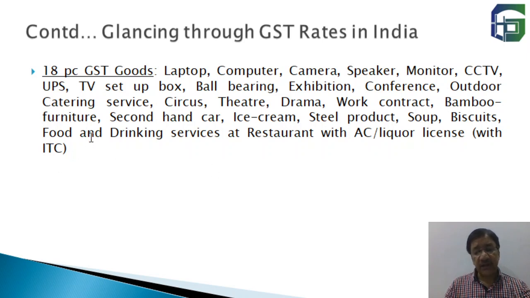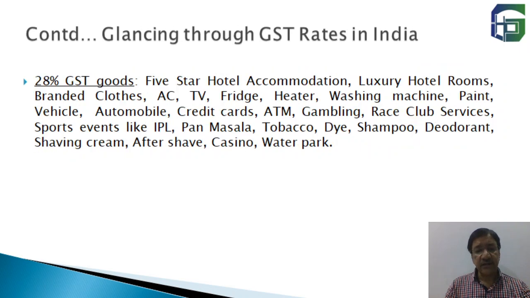In the earlier slide we saw that the 12% rate is applicable in a non-AC restaurant without liquor. But if AC and liquor license is there with ITC benefit, then the 18% rate is applicable. Now let us see the next slide.